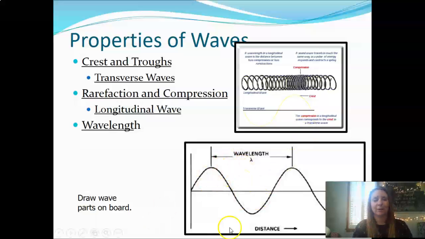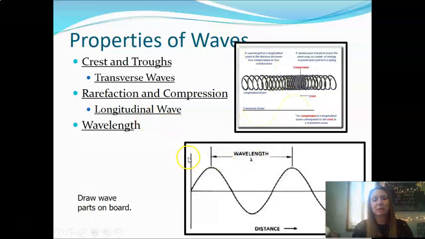So crest is the high point, trough is the low point. In a longitudinal wave, those terms are called compression and rarefaction. Compression is just what it says, that's where the energy is, compressing the springs or the particles, and then as it gets further away, it turns into rarefaction, meaning that it's spread out over time.